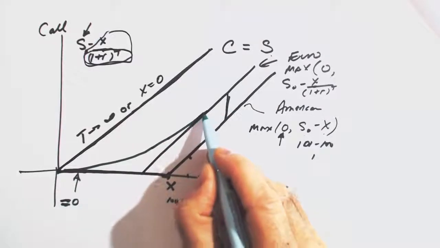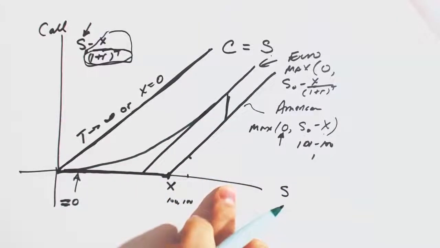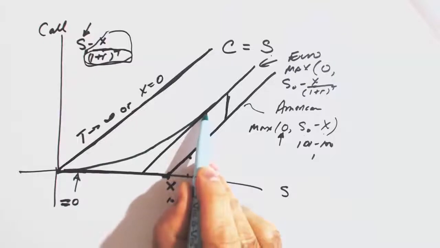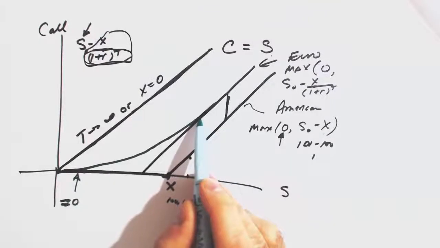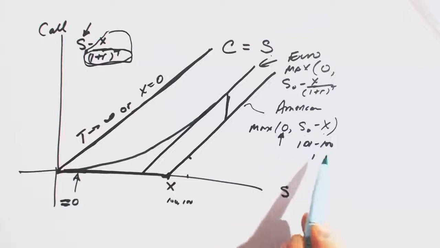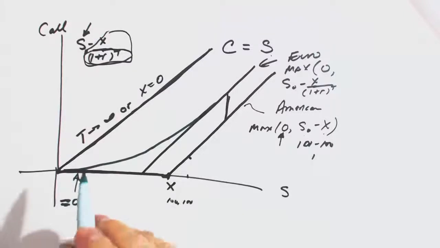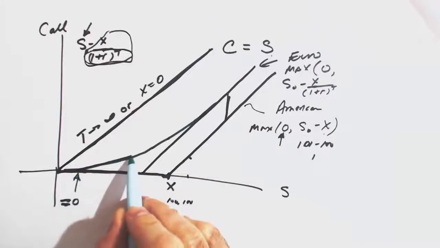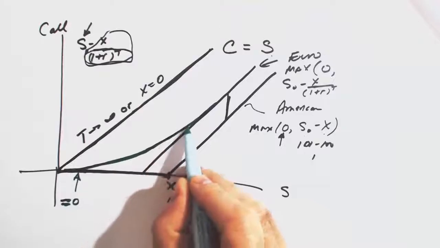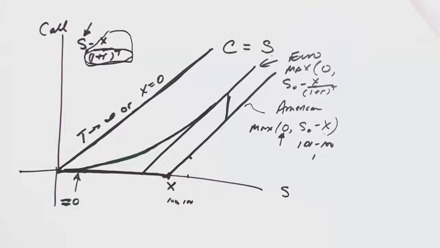And as you go deep in the money on this side, the value of the option is almost all intrinsic value. Those observations will come into play in a few minutes when I decompose option prices into various components. So the point is, this is where option values lie. They tend to lie on this line, and when we do option valuation, we're going to look at this much more carefully.